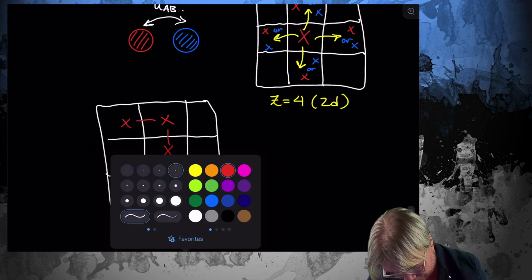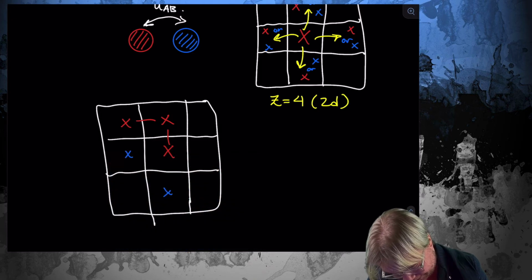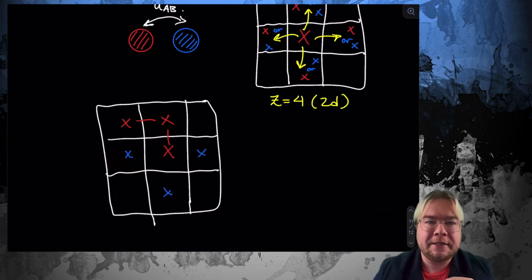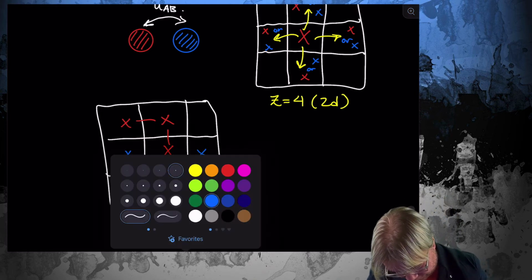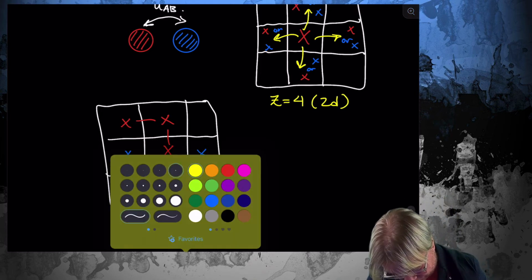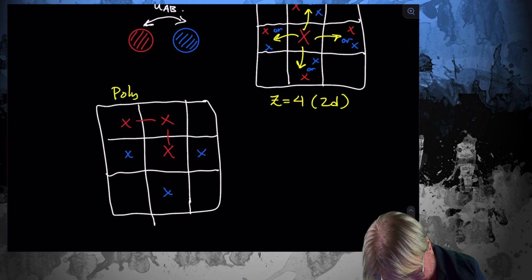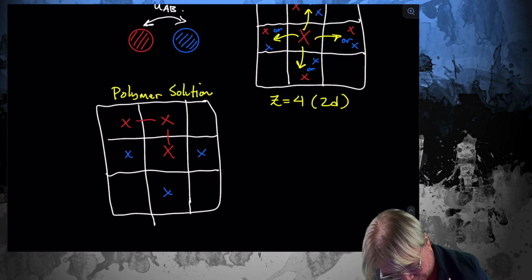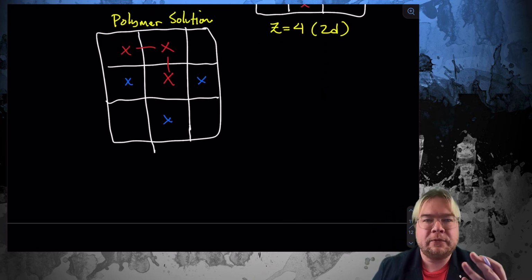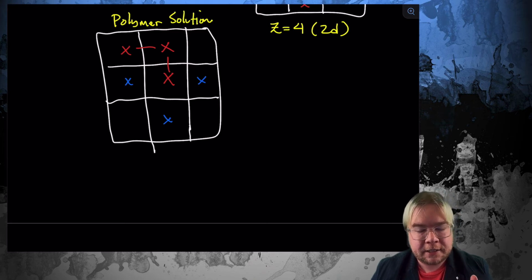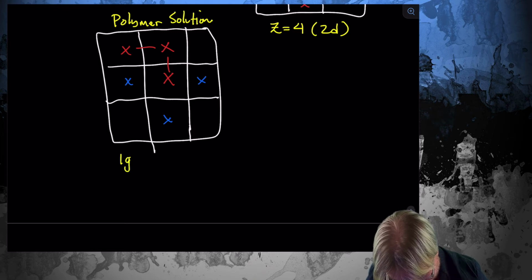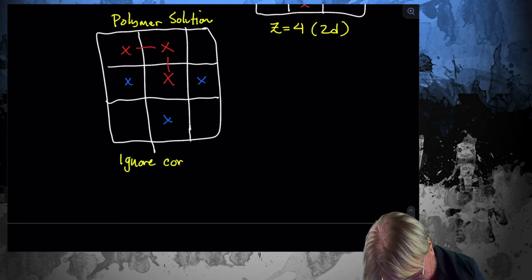And so the particles that are in adjacent sites are not necessarily independent. So this would be the case of a polymer solution or a blend. And there are correlations in the species or the chemical identity of each lattice site. So we will ignore those correlations.